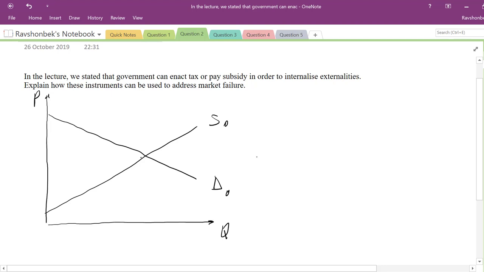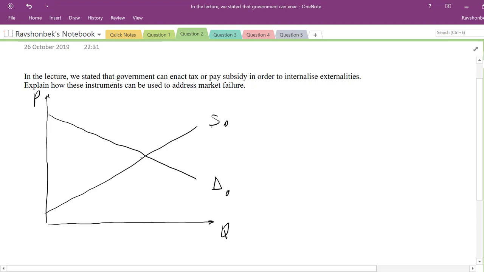Now, if you remember, we said the supply curve reflects the costs of supplying, or prices of goods supplied in the market. The demand curve reflects the value we place on goods. So that's the price of goods and the quantities corresponding to each price.